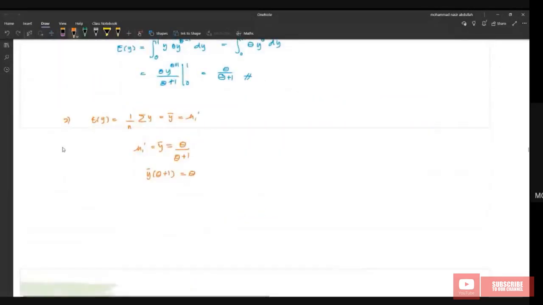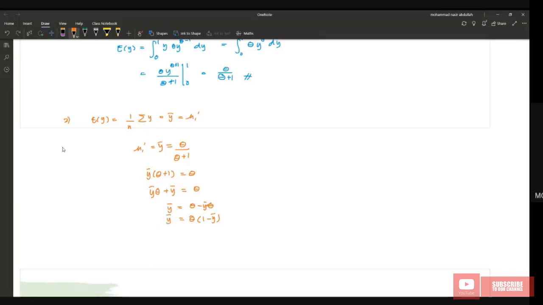So now y bar theta plus y bar is equal to theta. So let's move theta over there: y bar is equal to theta minus y bar theta.